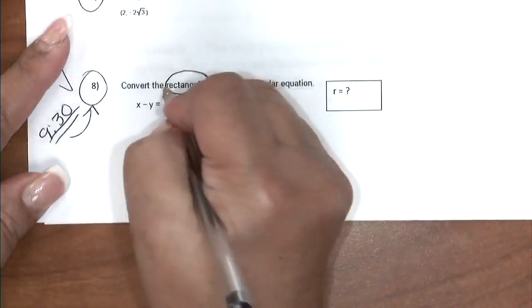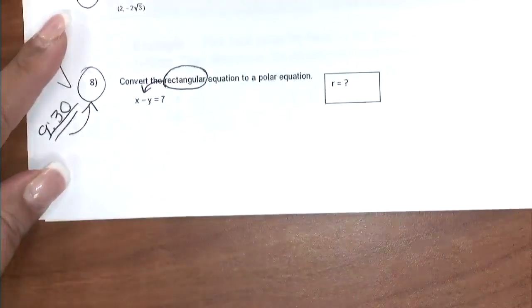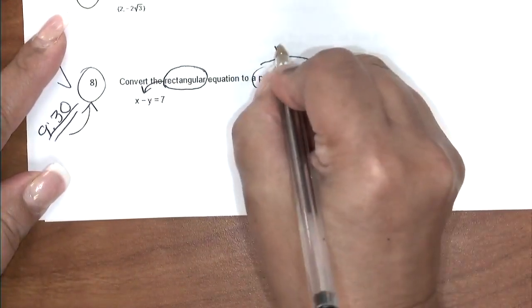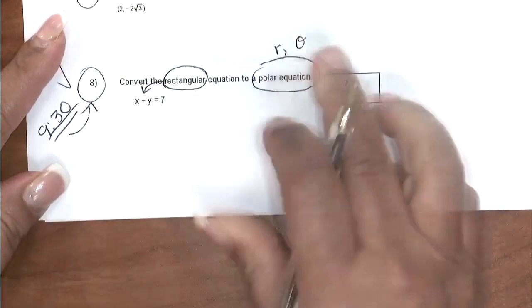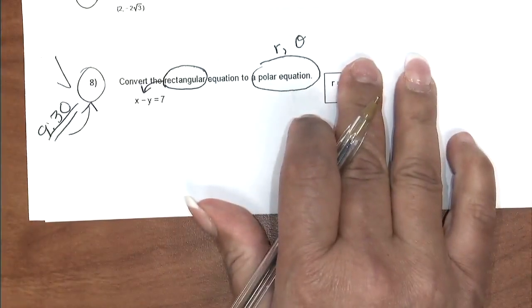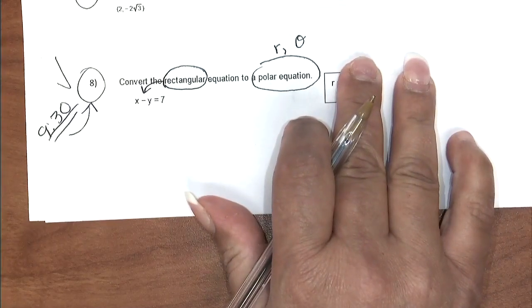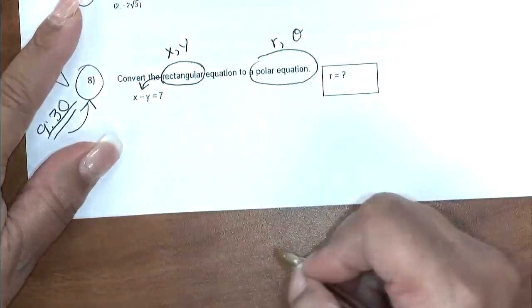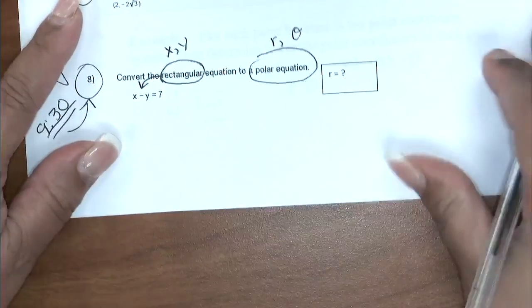That's what this means. Everything's in XY form. They want you to go to polar form. That means you should have all R's and thetas. Not necessarily R comma theta, but you should see nothing but R's and thetas in the problem. This is when you should see X's and Y's, when you see the word rectangular. So get comfortable with those phrases.